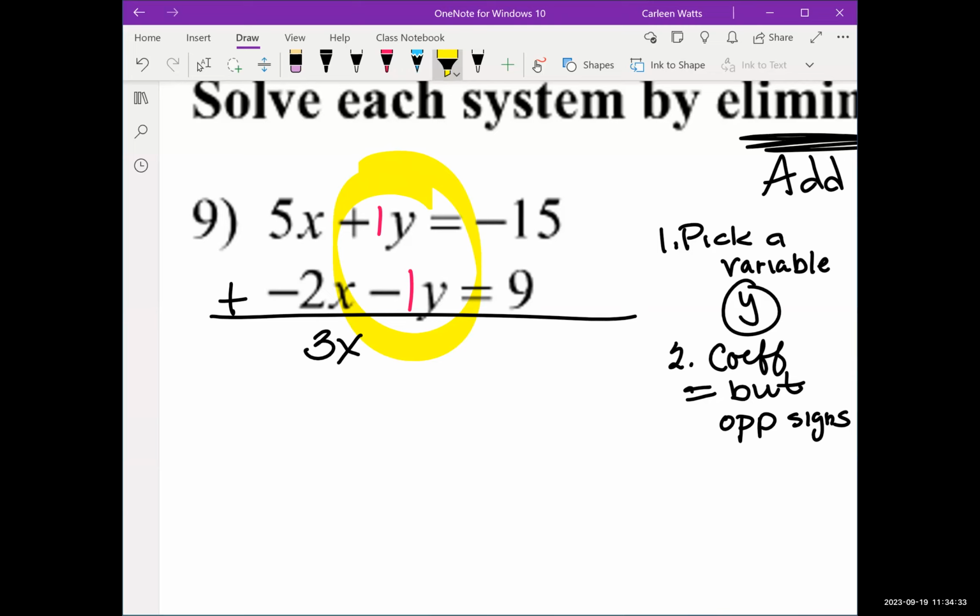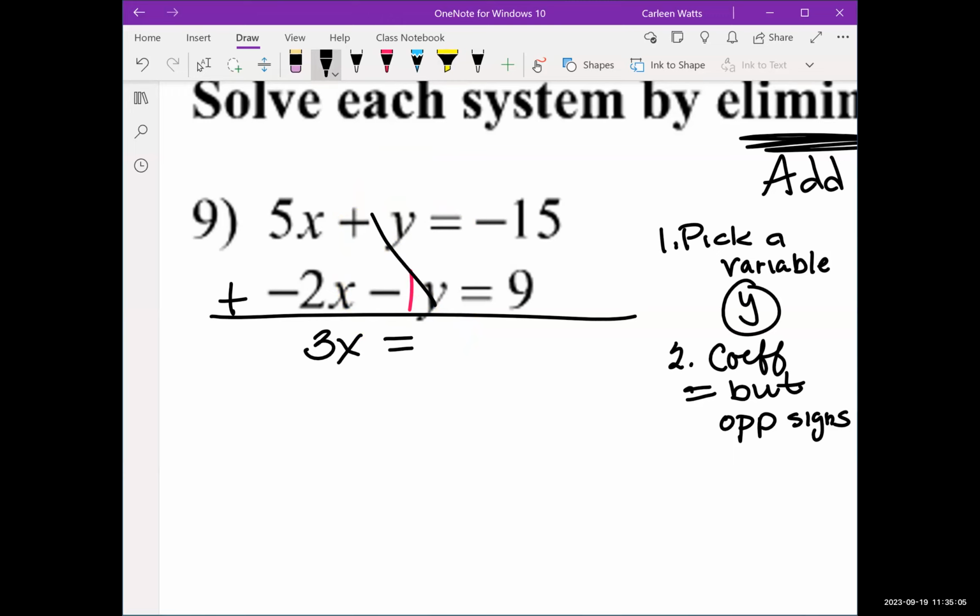Okay. 1y plus -y. Are you ready for my high tech? Bam. Pow. Look what I just did. 1y plus -y is 0 y's. Cancel. I now have one equation and one variable.